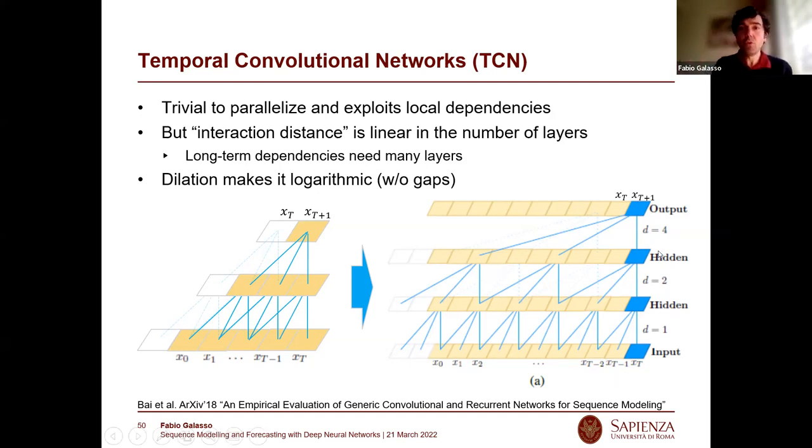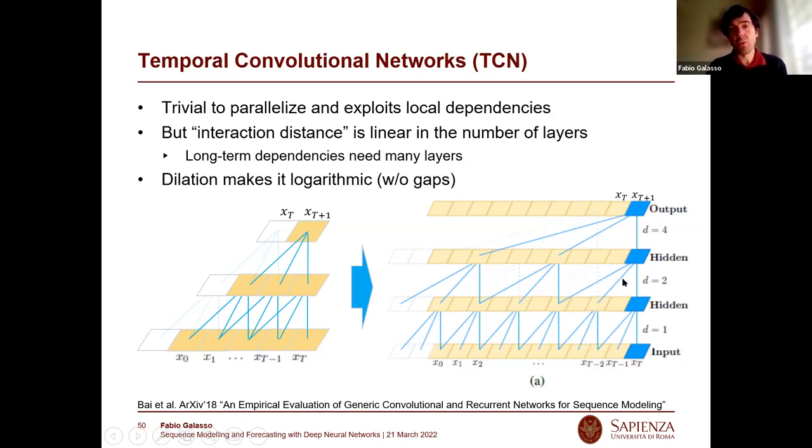And then the more we go up the layers, the more they actually leave a gap. Doubling this assures that we actually see all of the inputs. That's what we want to do.